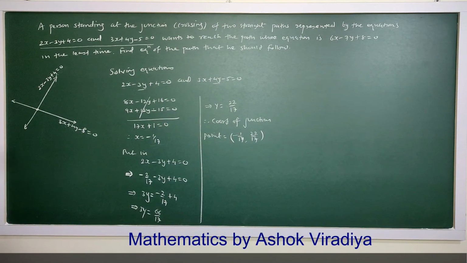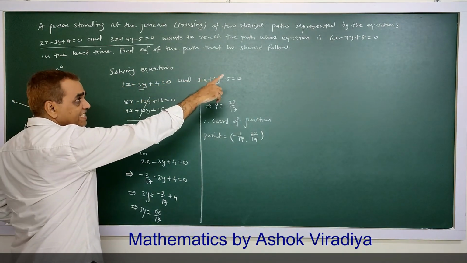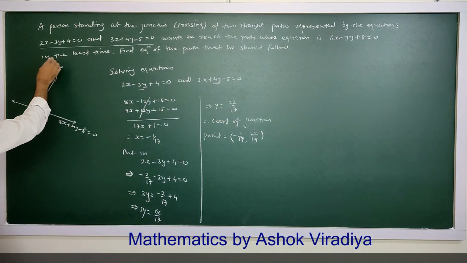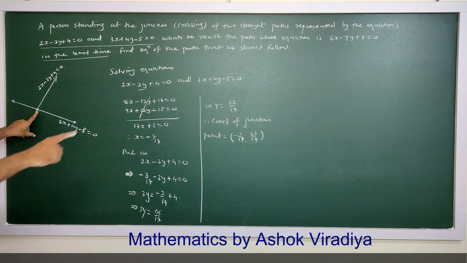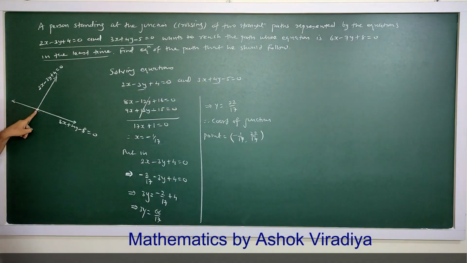Now man wants to reach the path whose equation is 6x minus 7y plus 8 equal to 0 in the least time. From this point he wants to reach on a third path in the least time. Equation of third path is given 6x minus 7y plus 8 equal to 0.